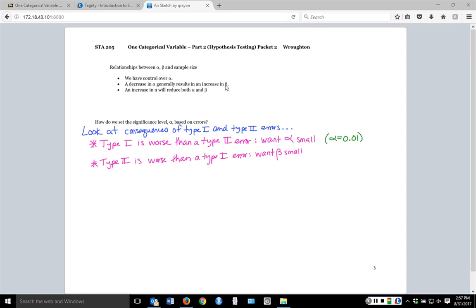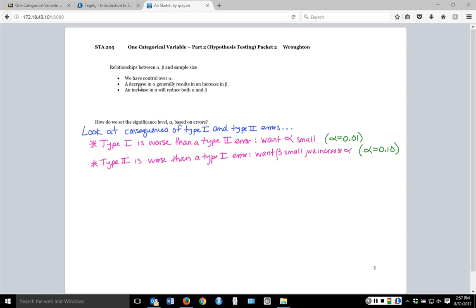If I want beta to be small, I can just flip this increase and decrease around. So if I want a decrease in beta, I can increase alpha. And so generally the biggest I see starting for an alpha level is about 10%. So generally we use about a 0.1 in that case.